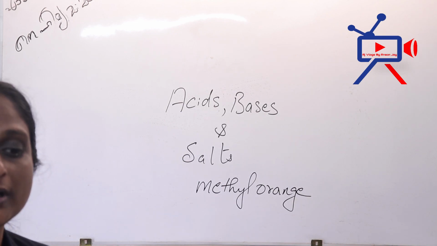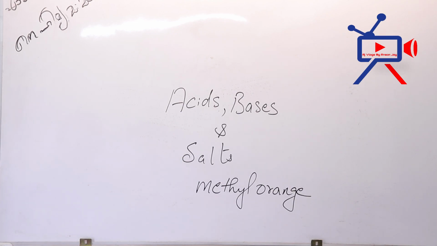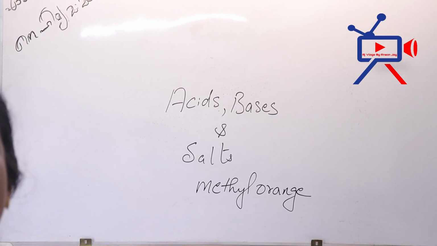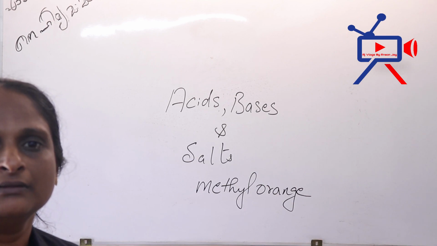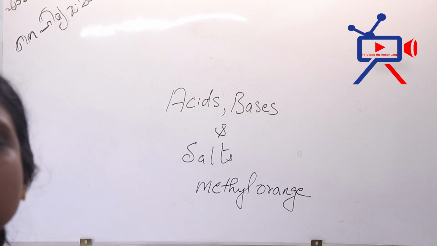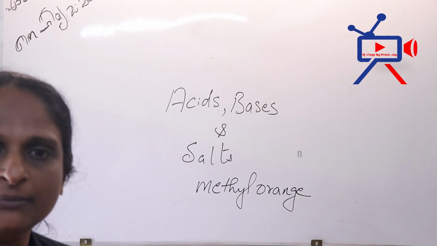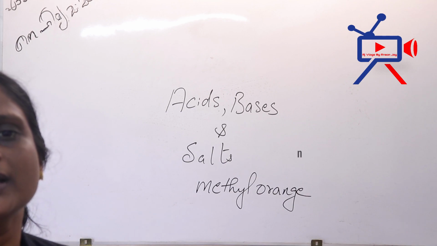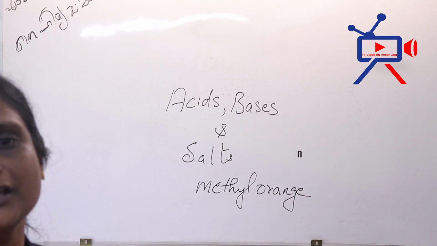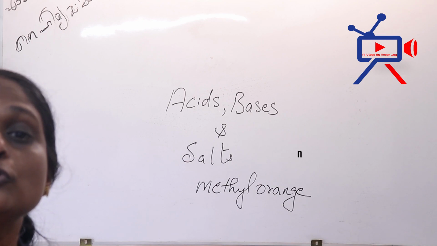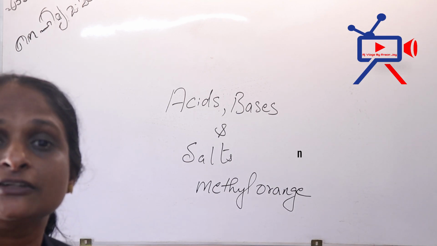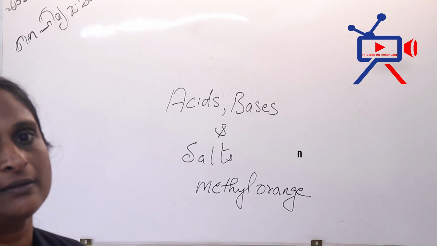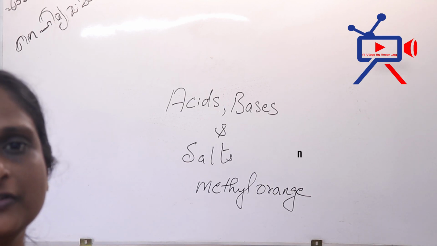Indicators are substances which show whether something is an acid or a base. Our litmus paper is an indicator. When we dip litmus paper in acid solution, it turns blue to red, and immediately you can say the solution is acidic in nature. So indicators can be used to predict whether the given solution is an acid or a base. Two synthetic indicators are methyl orange and phenolphthalein.